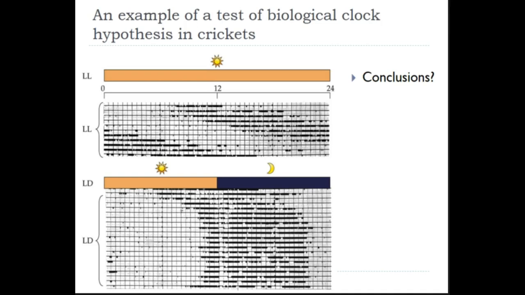What they do is they take this individual once it gets to this day. On the next day, they shift it back onto a light-dark cycle. And so here's 12 hours of light and then 12 hours of darkness. You can see it takes a couple of days for the animal to entrain, and that's the word we call it, entrainment.